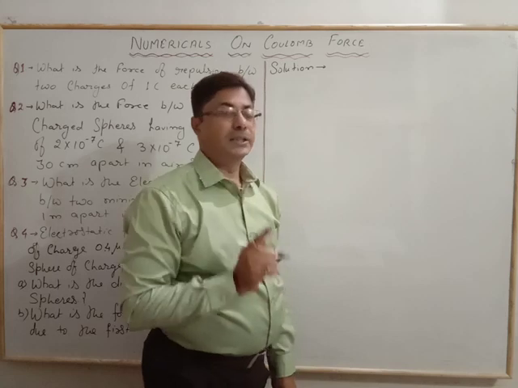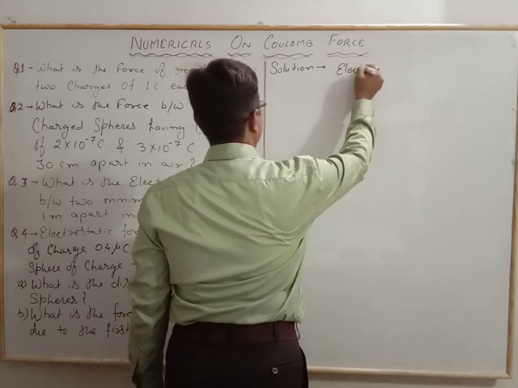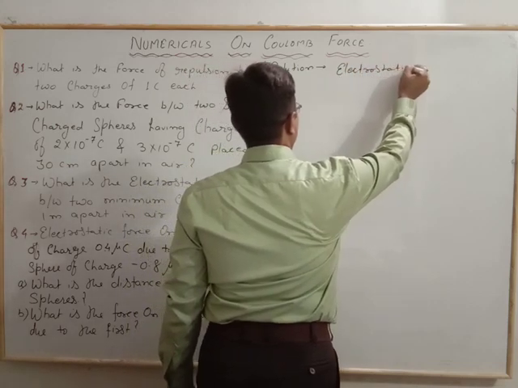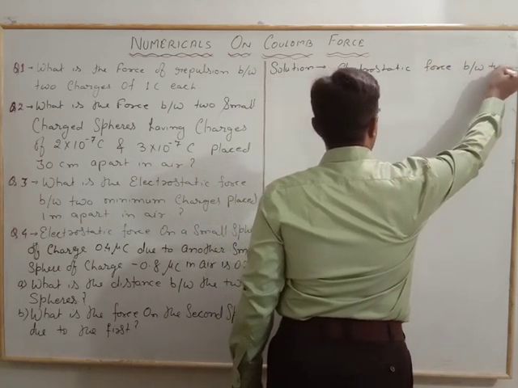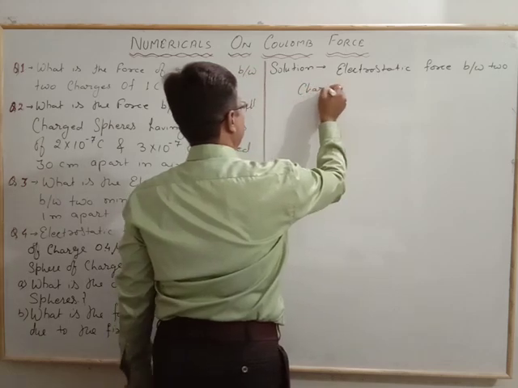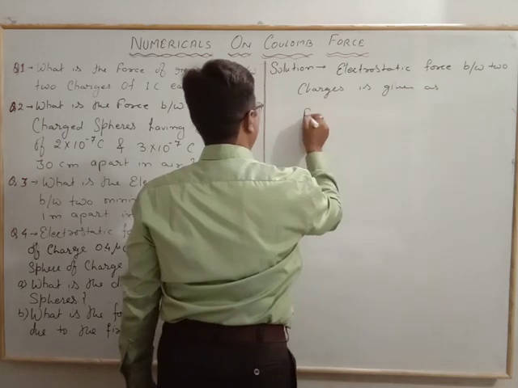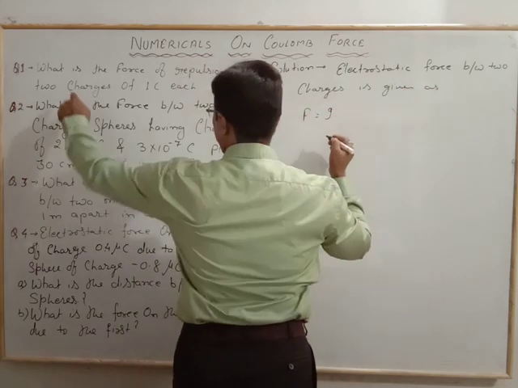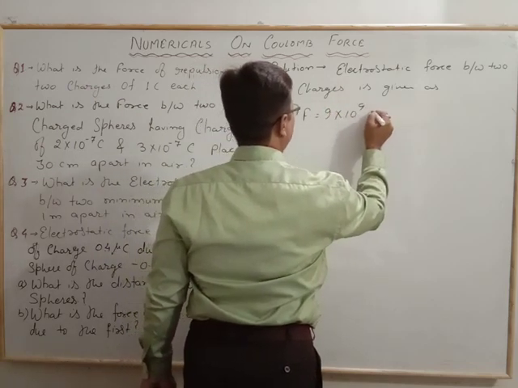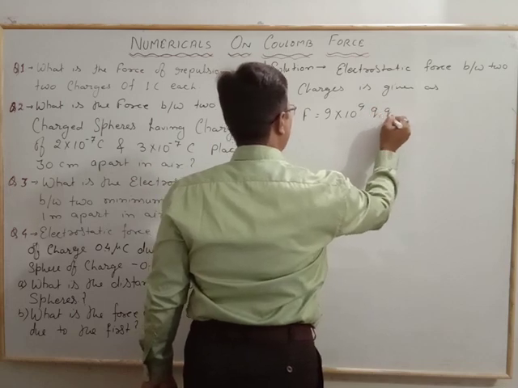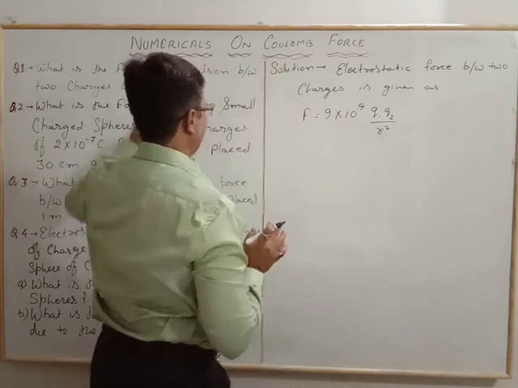Two charges are given, so we use the formula for the electrostatic force between 2 charges, that is F is equal to, for the numerical, we will write 9 into 10 to the power 9, Q1 Q2 by R square. This is the formula which we use to solve each of the problems.